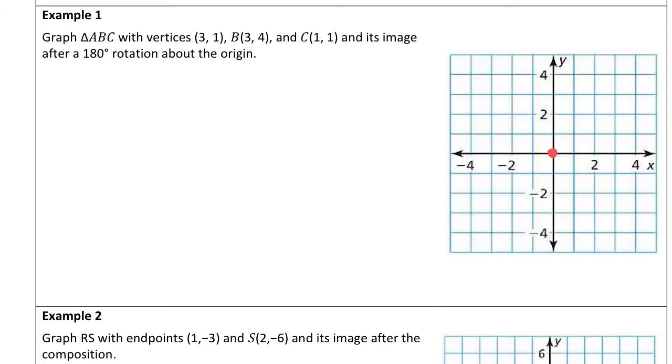This point I graphed is just the center of rotation. So the points 3, 1, 3, 4, and 1, 1. So that's A, B, C. I missed A here, sorry. And I'm going to connect those points to form a triangle, okay?